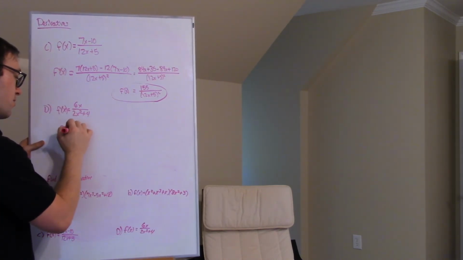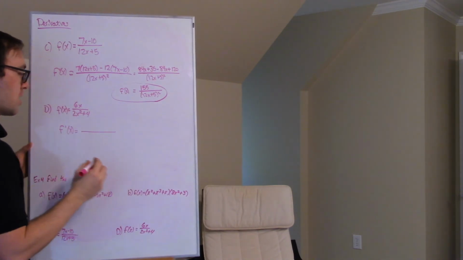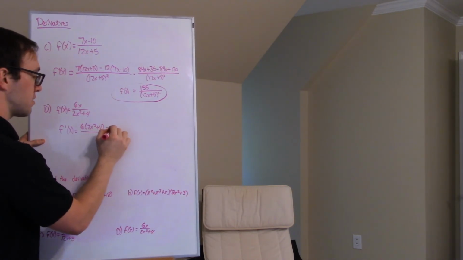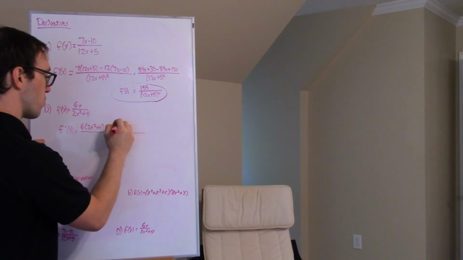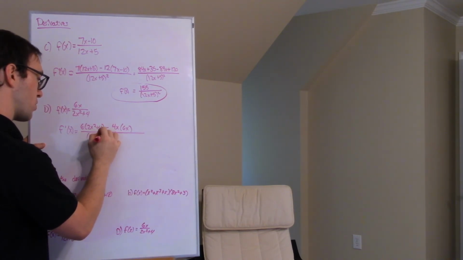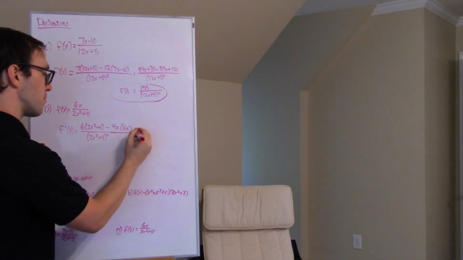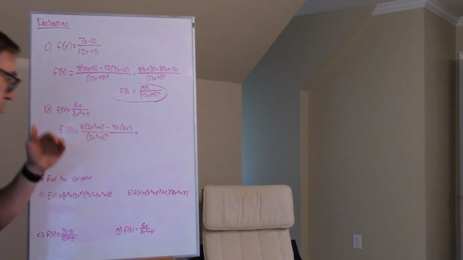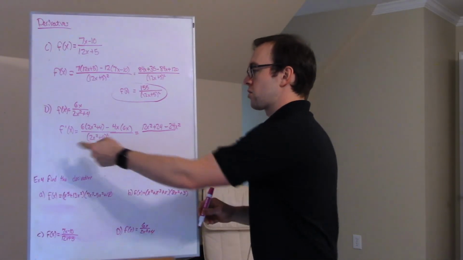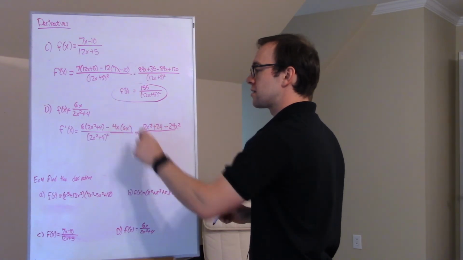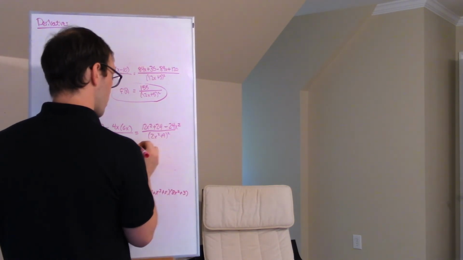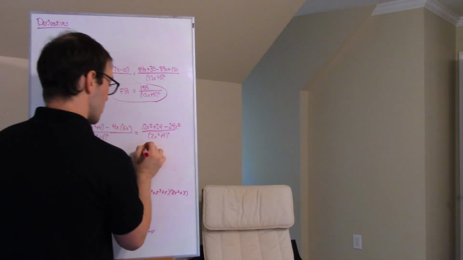There again, to do the derivative, it's the derivative of the top times the bottom, so 6 times 2x squared plus 4 minus derivative of the bottom, or 4x times 6x, over the bottom, 2x squared plus 4 squared. Then we'll distribute and simplify the top. 12x squared plus 24 minus 24x squared over 2x squared plus 4 squared, and then combine your like terms.